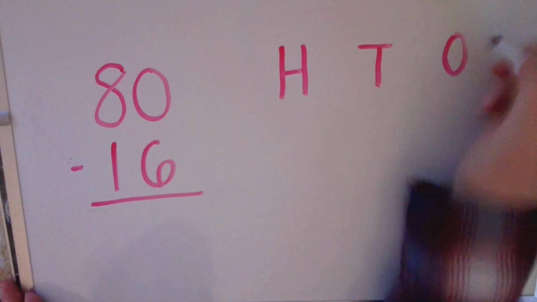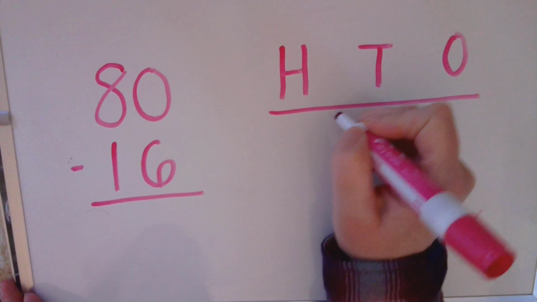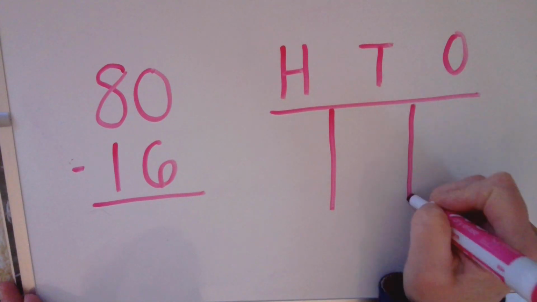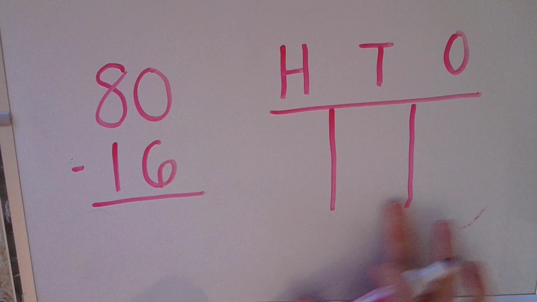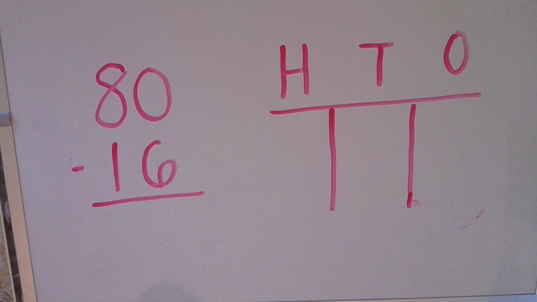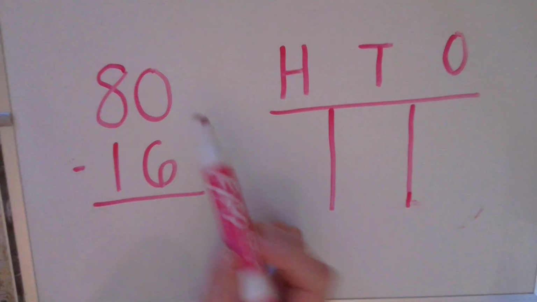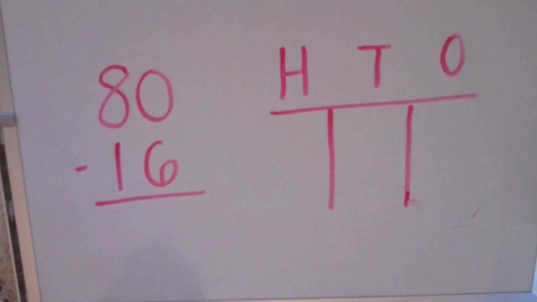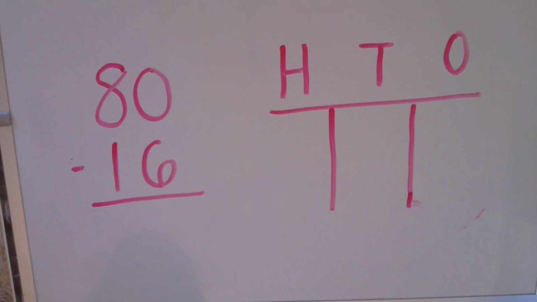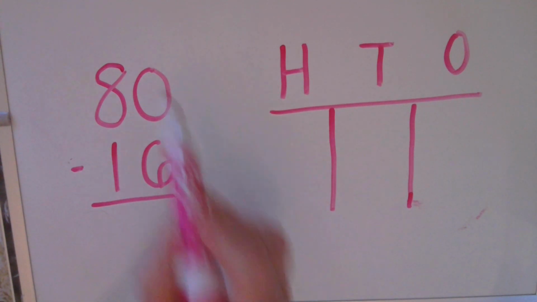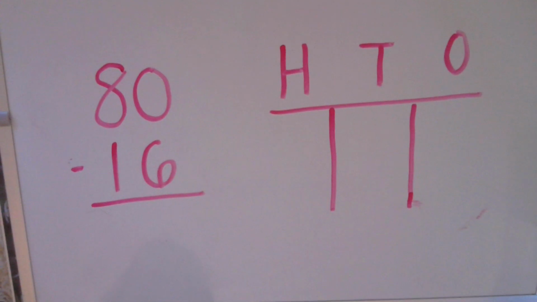We don't always use that hundreds place, but we like to get students in the habit of just drawing it. And we really drill into our students' heads that they have to subtract from the bigger number. So what they want to draw in our HTO chart is this bigger number. That's our total that we will be taking away 16 from.